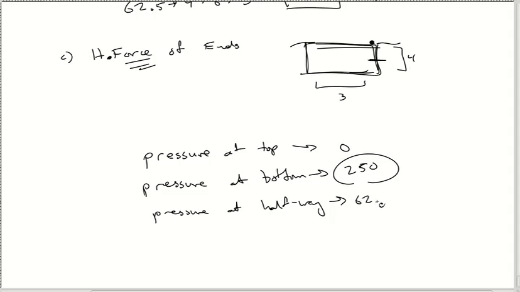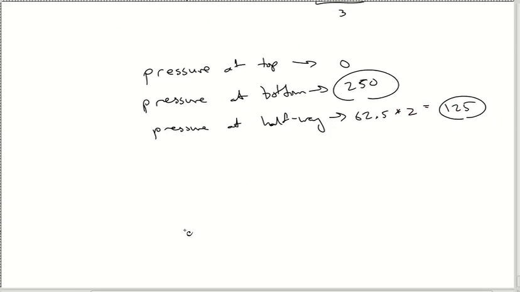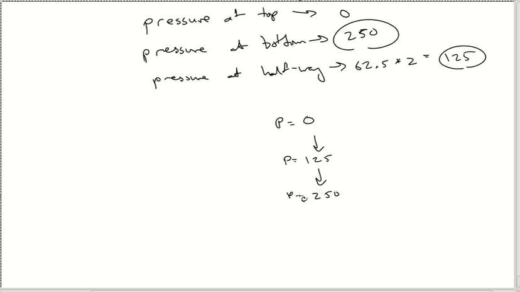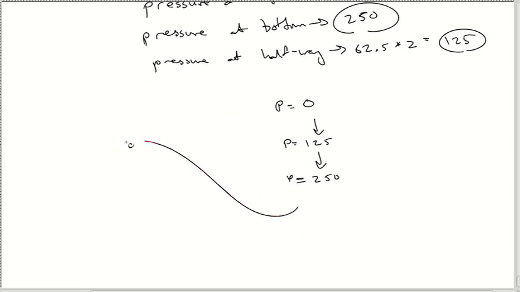Well, then I take the 62.5 times the 2 now, and I get 125. Notice that there's a progression here. I'm going from 0 to 125 down to 250. As I go deeper and deeper, my pressure gets larger and larger. It seems linear. It's linear, but at the same time, it's not a constant, it's a variable.